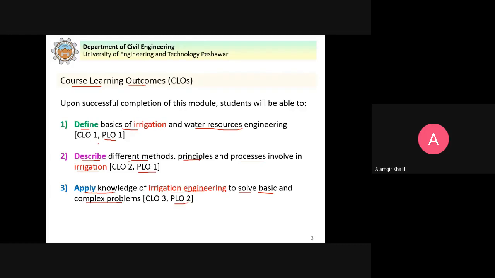As you have studied so far, for all the courses that you study we have separate CLOs depending upon the nature of the course, and then these CLOs are linked with the PLOs. So the CLO scores that you will obtain in this course will contribute towards PLO1 and PLO2.